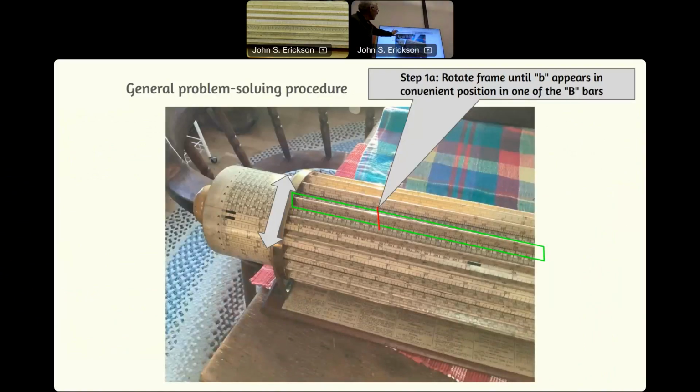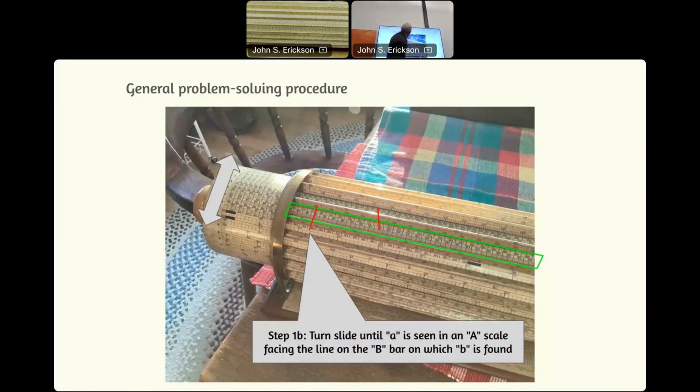I kind of have diagrammed how to do this. You rotate the frame until you see the B that you want to have. The B is on the inner side. There's a B and a C. The C is used for different calculations, but this is the B scale close to the A. Then we're going to turn our inner slide, which is choosing our A value, until we see the value in the A that we want.